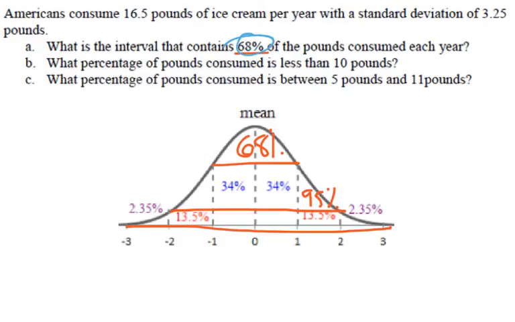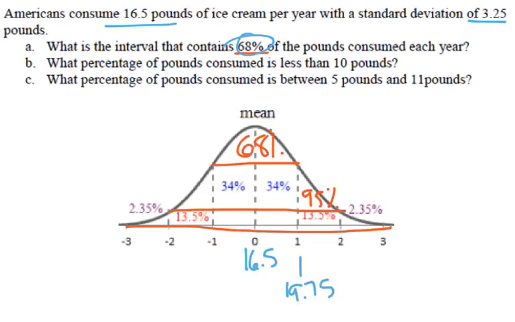Well, we know it's from the negative 1 to 1, but what does that mean according to our ice cream? Okay, so we've got the mean of 16.5 right here, and then our standard deviation is 3.25. So for 16.5, we're going to add 3.25 once to get that one, which is 19.75.